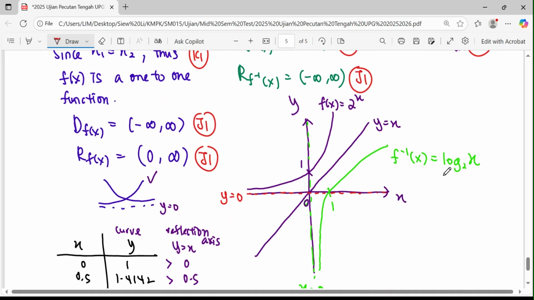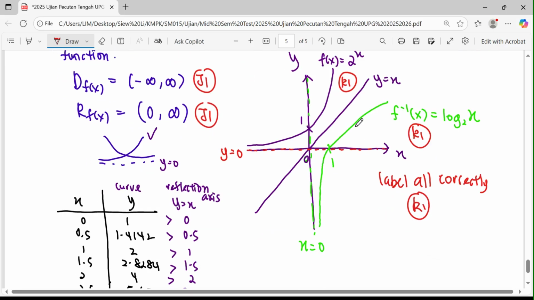For the graph, firstly, the function here should be correct. So this is the graph of the function. Then only can we see your reflection function. Lastly, if you label everything correctly, you get another mark. So how many labels will you have here? It will be 1, 2, 3 for the axis, function, and inverse function.